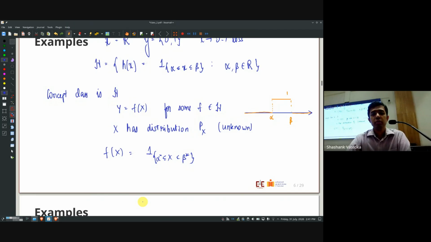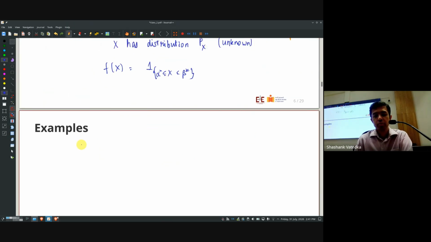All right. So now let's say that we design some predictor which outputs this particular h of x.